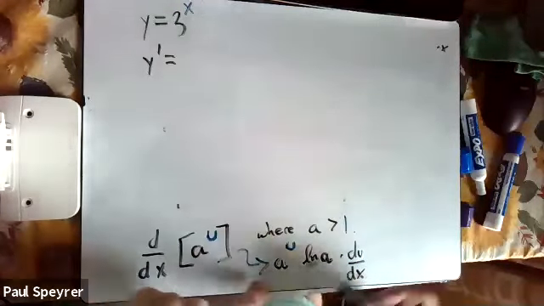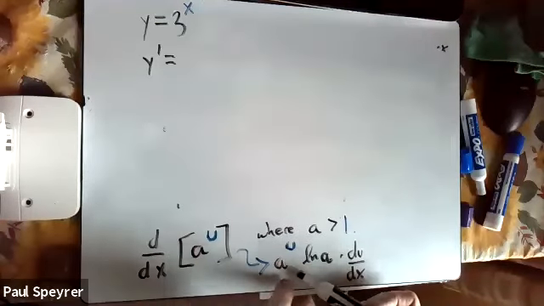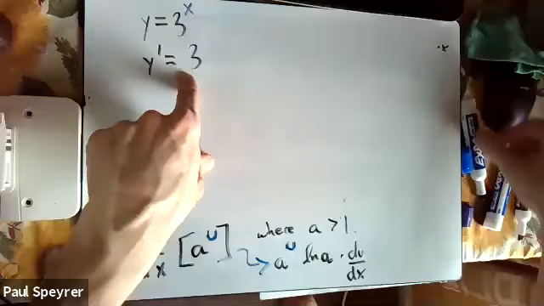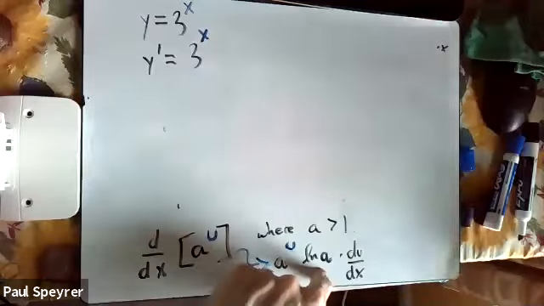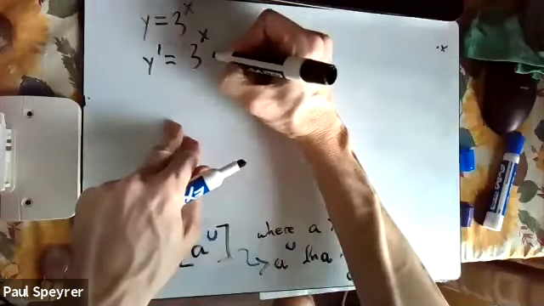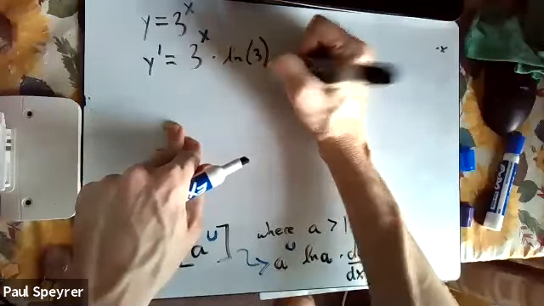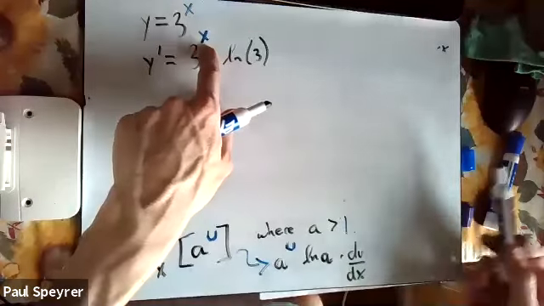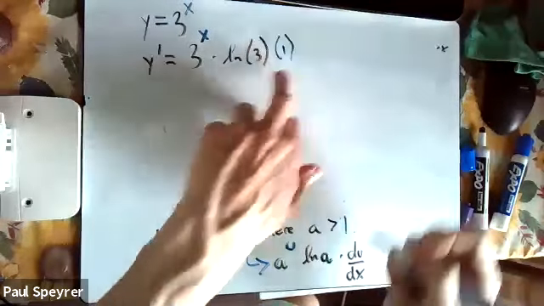It says the derivative of a to whatever is a to whatever, so we just copy the original problem down, times the natural log of 3, times du dx, or the derivative of the exponential part. What's the derivative of x? That's just 1.